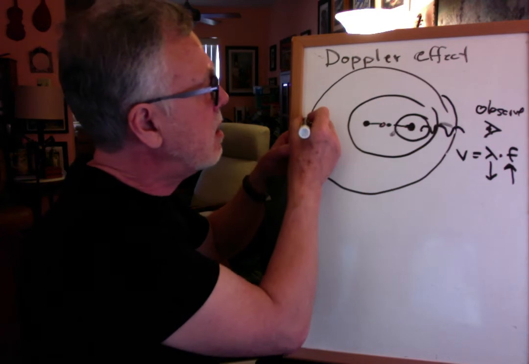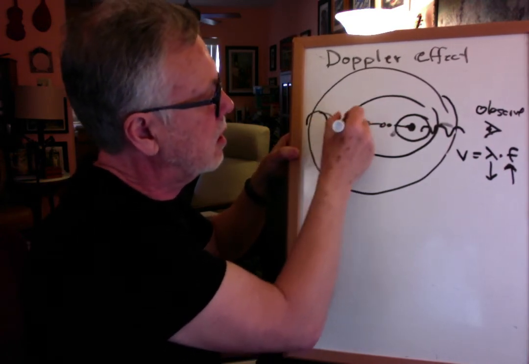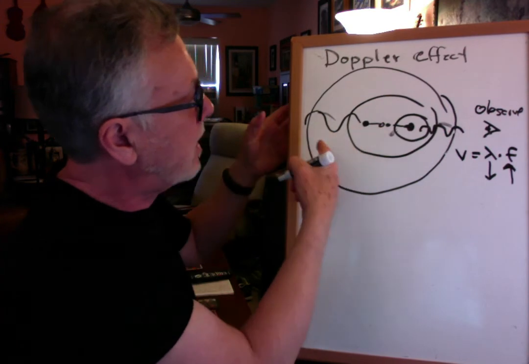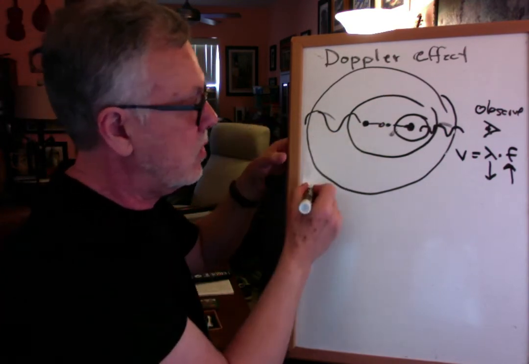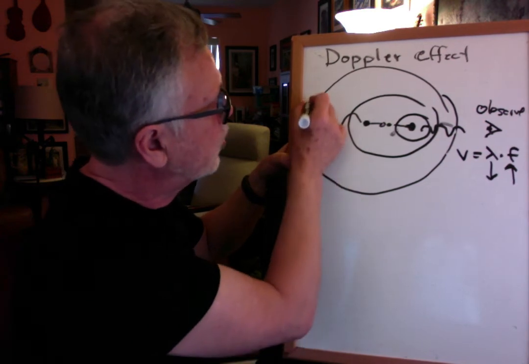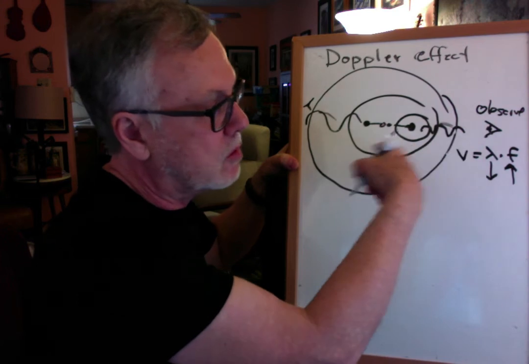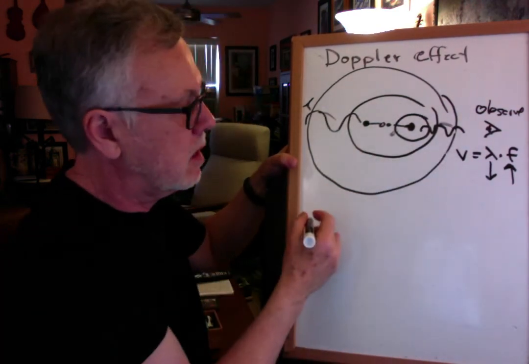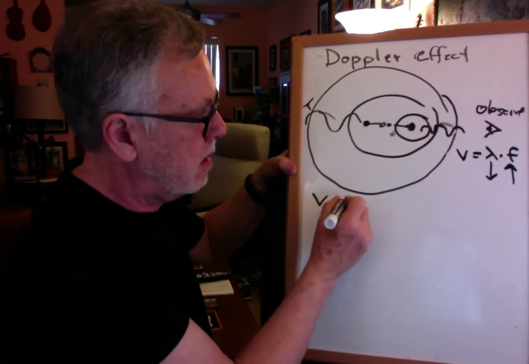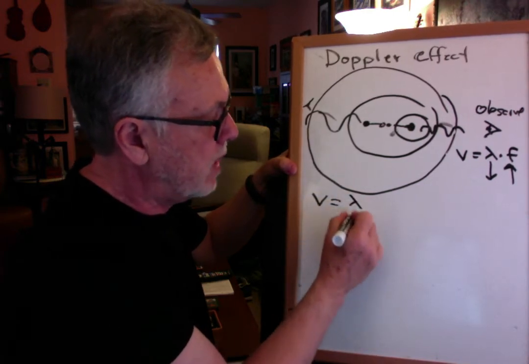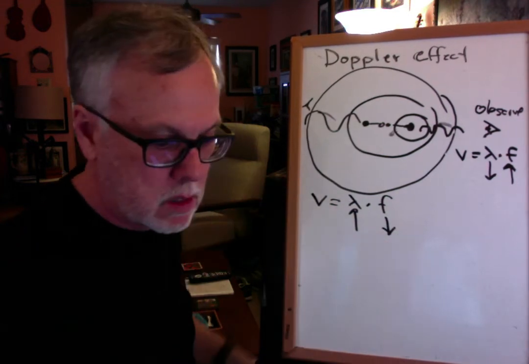But over here, what we see, let me see if I can draw this. The waves get basically much bigger wavelength. So in this case, if I'm observing over here, and the source of sound or waves is moving away from me, then what happens is, again, my speed's the same, but my wavelength gets much bigger, but my frequency must get smaller.